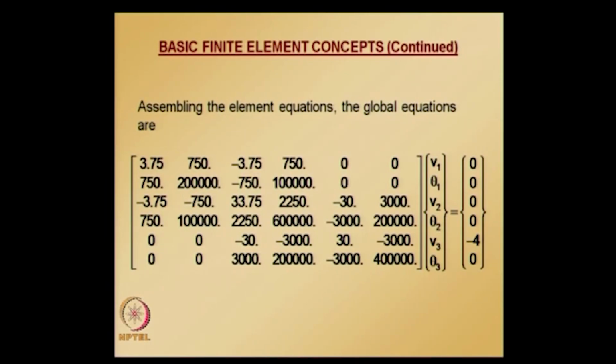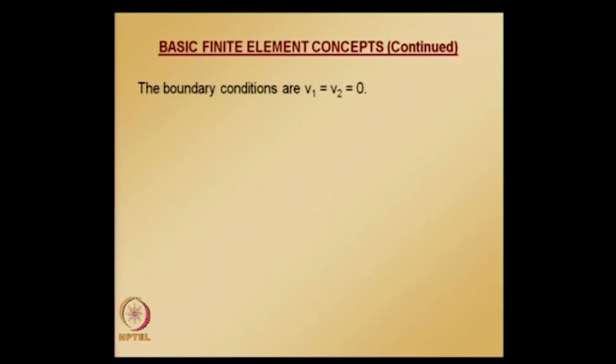And here, if you see the problem half model, V1 is 0, V2 is 0, and theta 3 is 0, because rotations are not allowed at the point where symmetry is there. So the boundary conditions are V1, theta 1, V2 equal to 0, and also because of symmetry, theta 3 is 0.